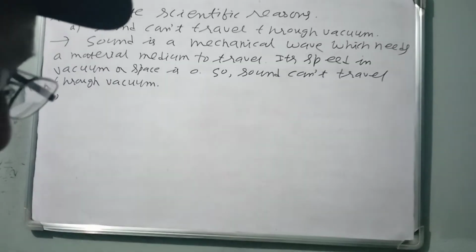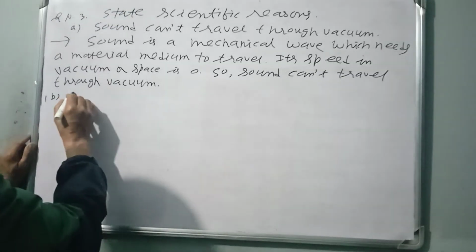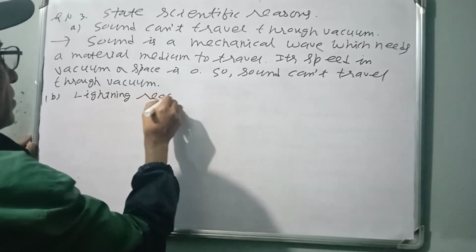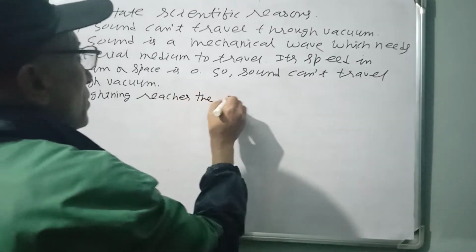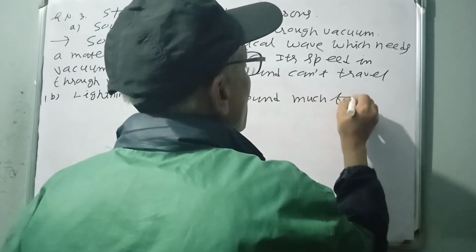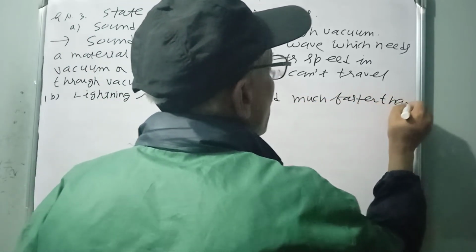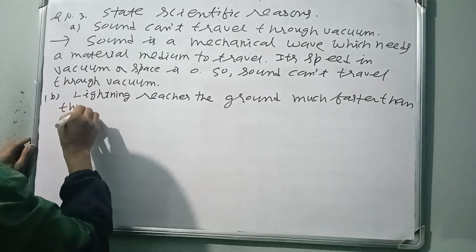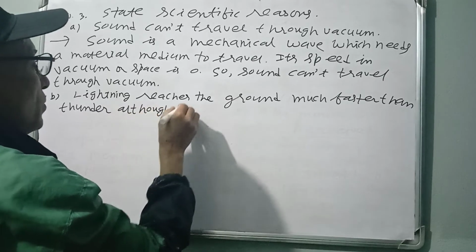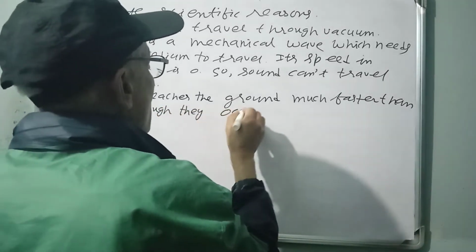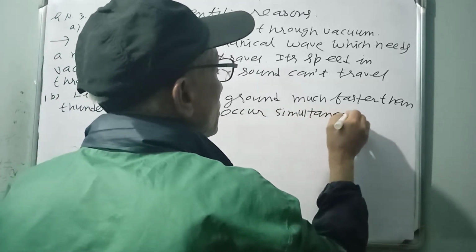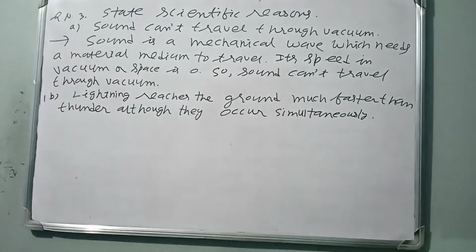Lightning. What is the difference between light and sound? Lightning reaches the ground much faster than thunder, although they occur simultaneously at a time.